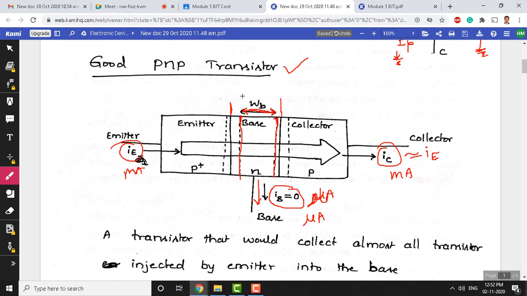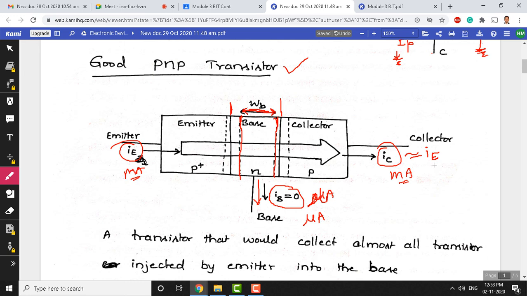I told you about a good PNP transistor. A good PNP transistor means we should have 0 base current, that is the requirement, and the holes injected from the P plus region should reach the collector without recombination within the base region. So, for that you need to make the base width WB as small as possible. Look at the current levels here. Emitter current is going to be in milliampere, and even the same emitter current which emits from the emitter terminal reaches the collector.